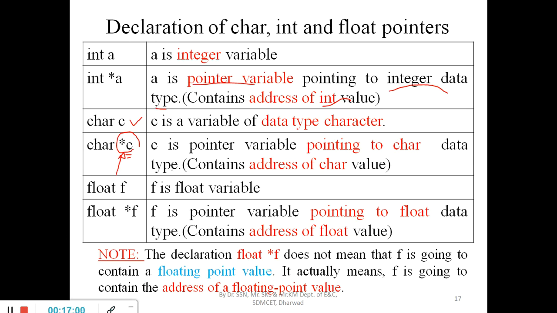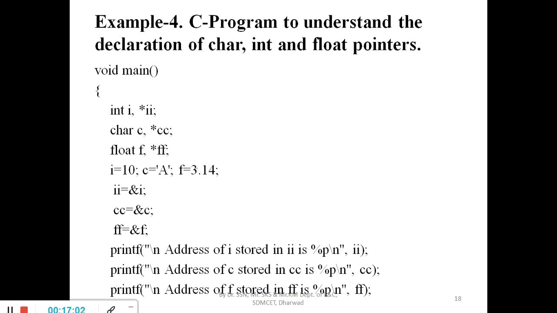Am I clear here? Now there is a simple program to help you understand the declaration of character, int and float pointers. Let us analyze this. I have an integer variable i and a pointer variable ii pointing to an integer data type.